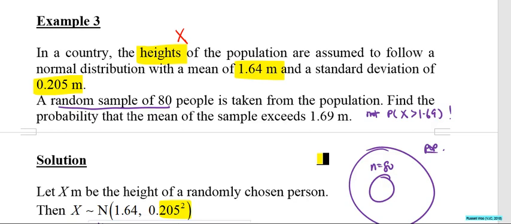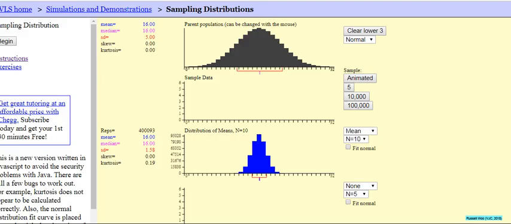You want to find the probability that for 80 people, the mean of the 80 exceeds 1.69. So it is not x greater than 1.69, it's actually probability x bar greater than 1.69. Got it? So it all boils down to this. I want to know what is the distribution of x bar, not x.